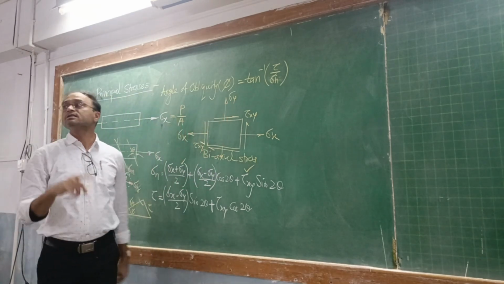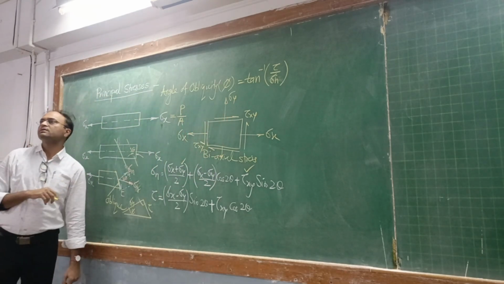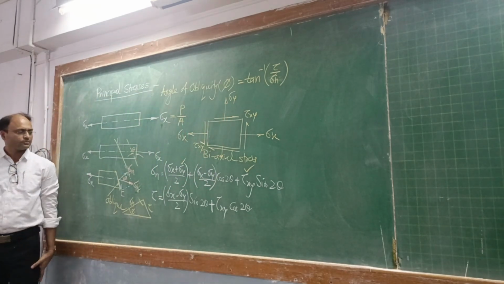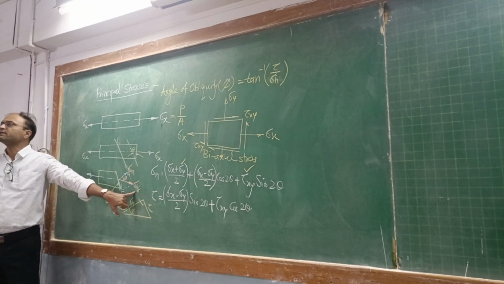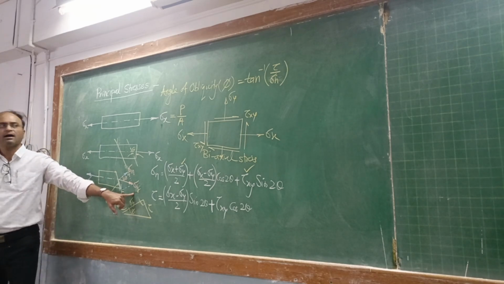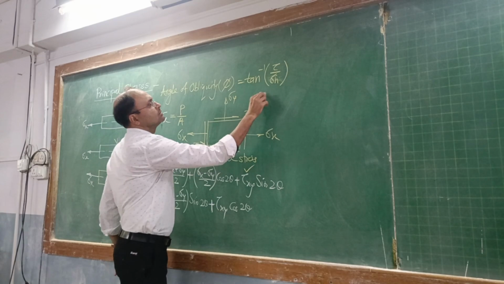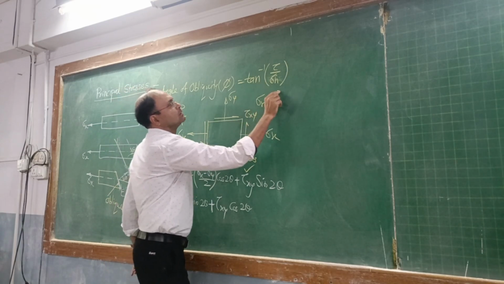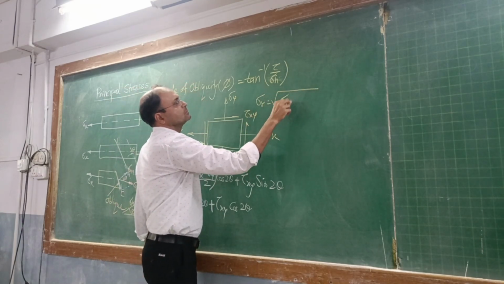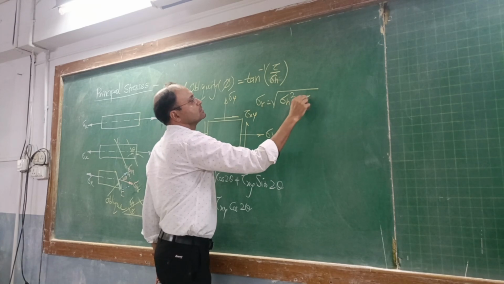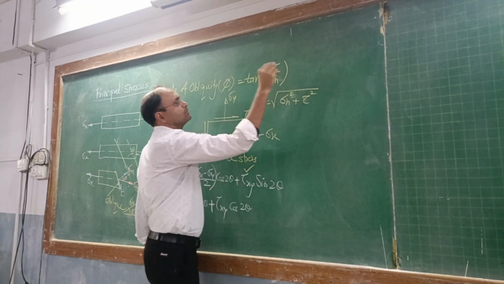Okay, next line. Resultant stress is given by, this is resultant, sigma r. Sigma r is equal to under root sigma n square plus tau square.